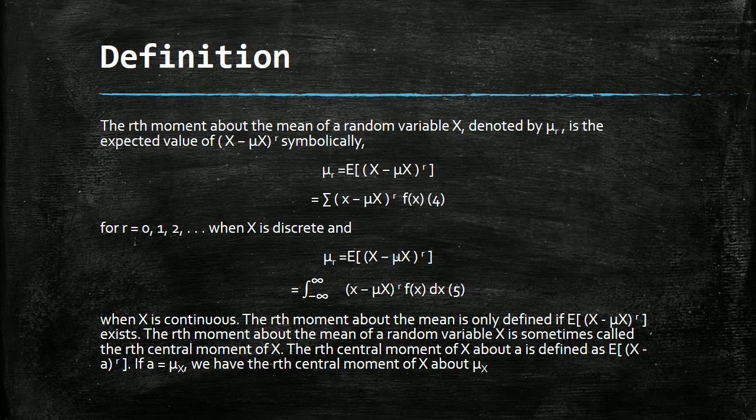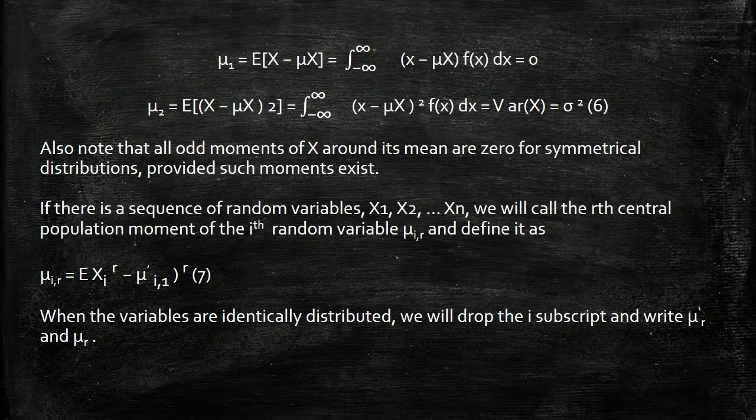If a = μ_X, we have the rth central moment of X about μ_X. μ_1 = E[X − μ_X] = ∫ (x − μ_X) f(x) dx = 0. μ_2 = E[(X − μ_X)^2] = ∫ (x − μ_X)^2 f(x) dx = Var(X) = σ^2.